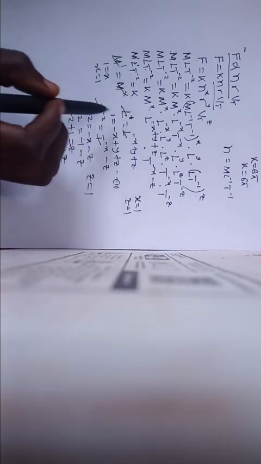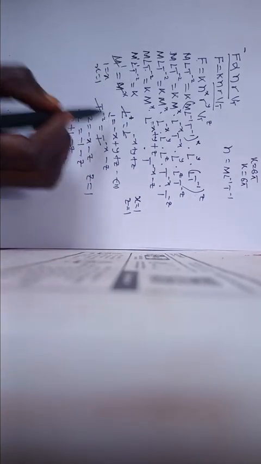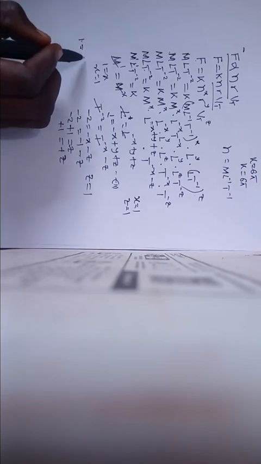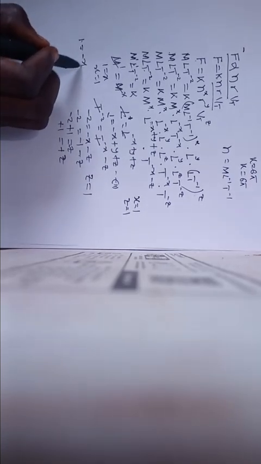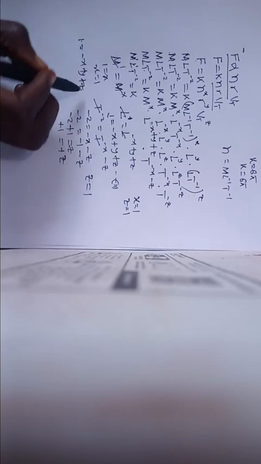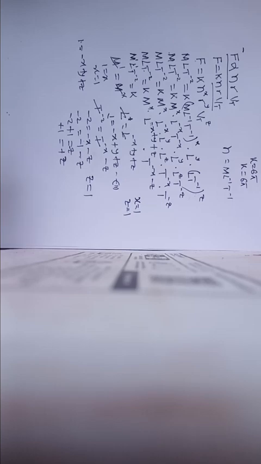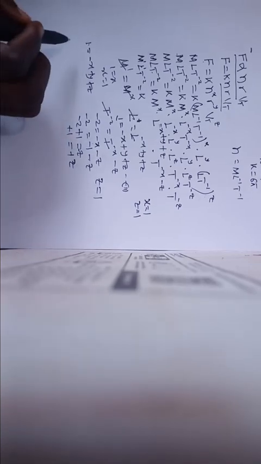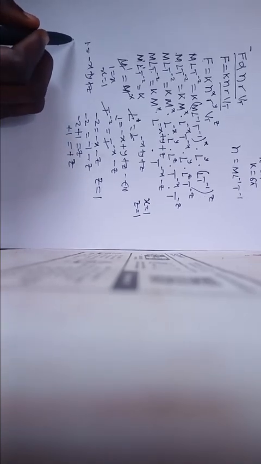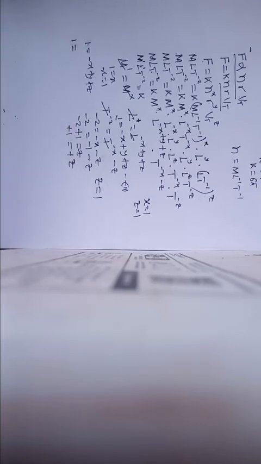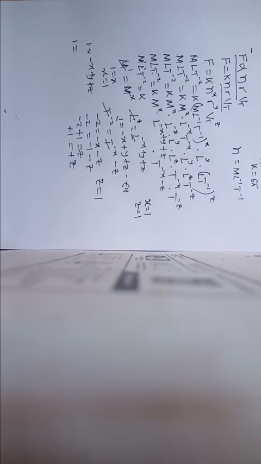Now for the value of y, we had an equation here, equation 2, that we got when we compared L. Let's bring that equation out: 1 is equal to minus x plus y plus z.